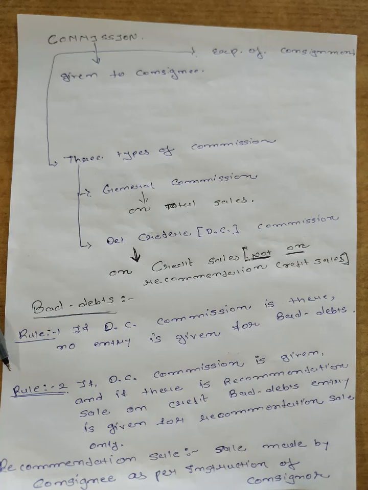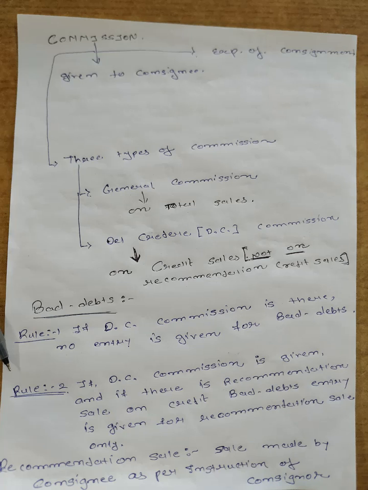So the consignee will not sell goods on credit without any caution. He will sell goods to those debtors who have some trustworthiness in the market, and for that del credere or DC commission is given. So if there are any bad debts, it is the responsibility of the consignee that he will bear whatever the loss due to bad debts.